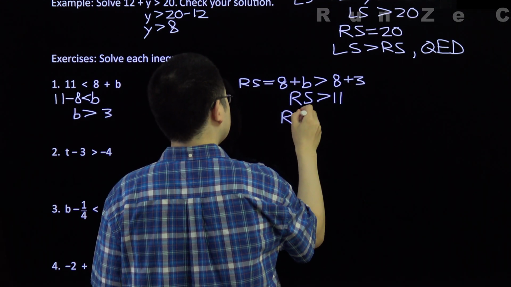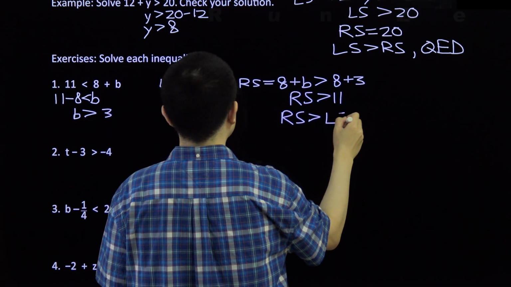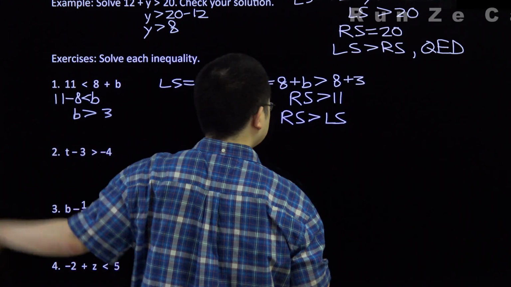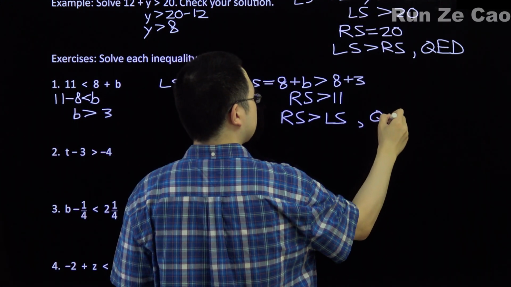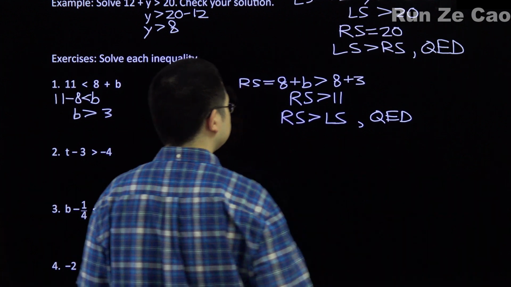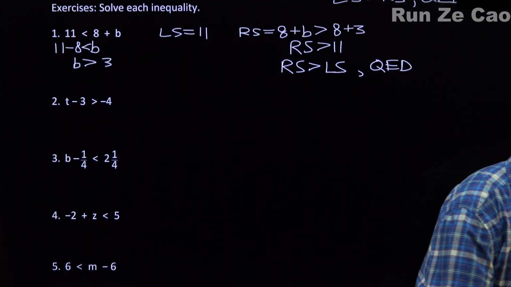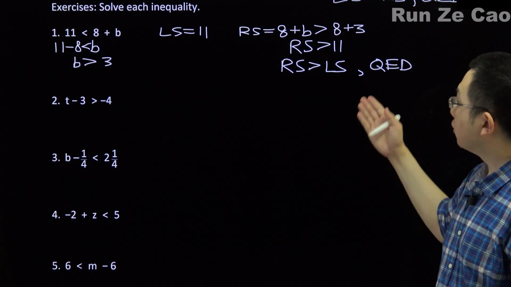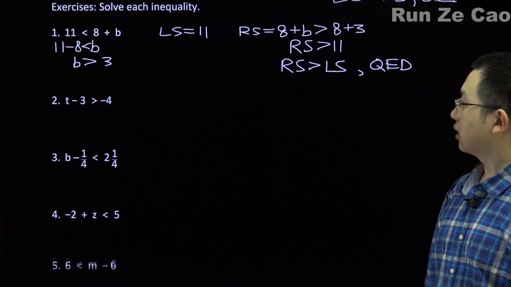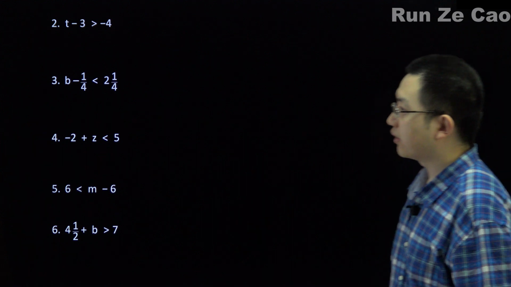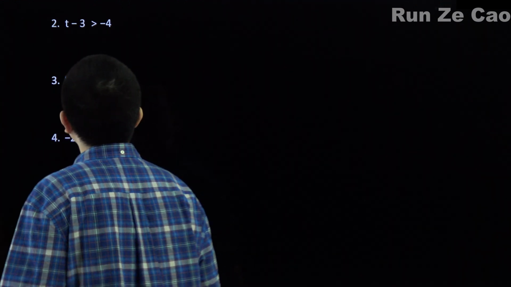Right side is greater than left side, which is what we have here, thus QED. That is how you prove an inequality after you find a solution and need to check it.